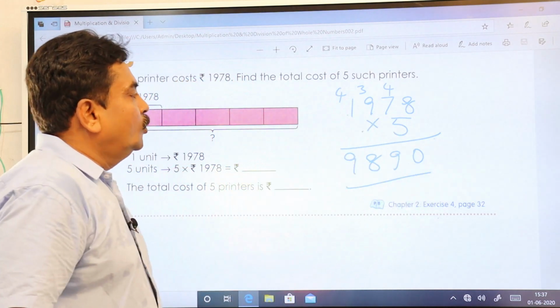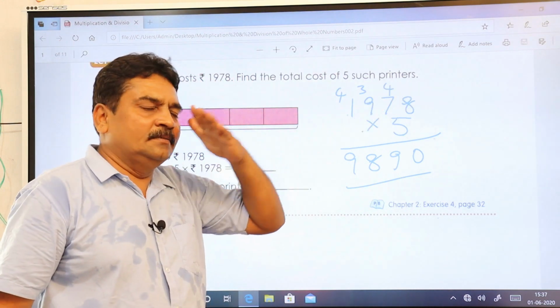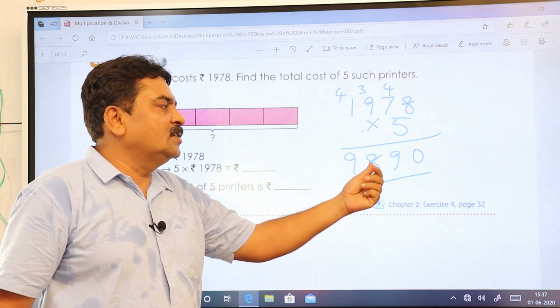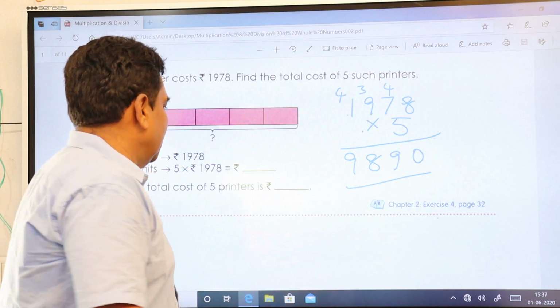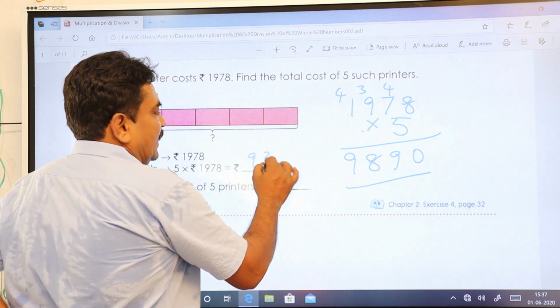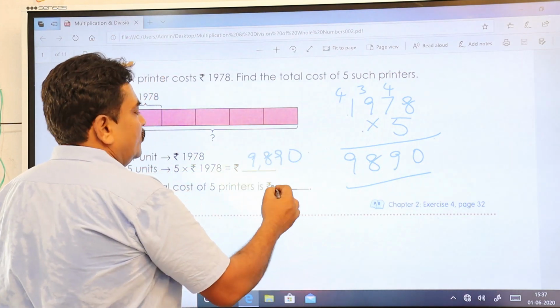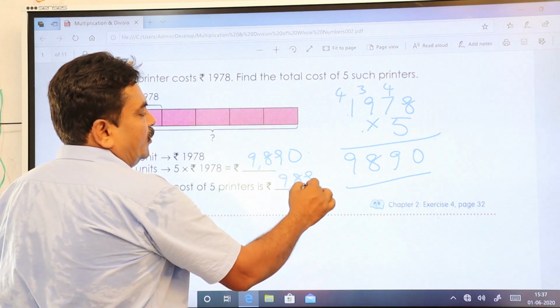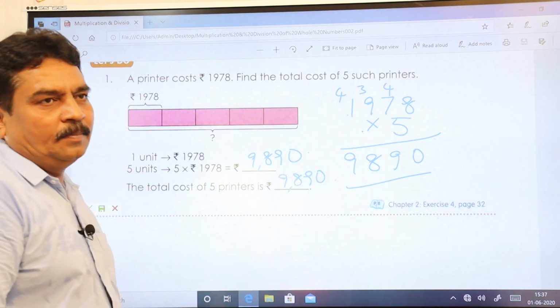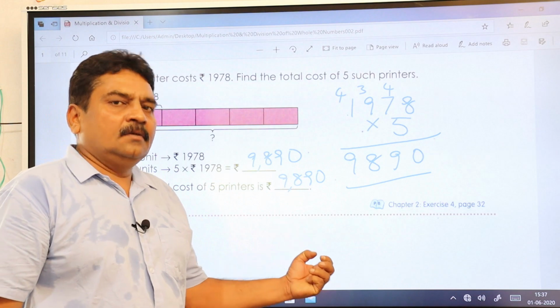So the total cost of 5 printers is 9,890 rupees. This is what you are going to do as a part of your classwork.